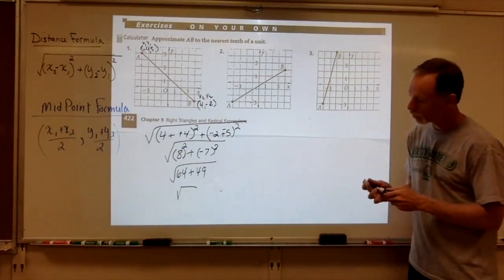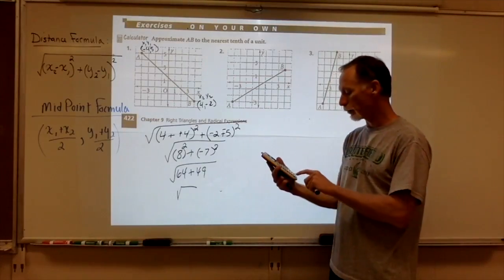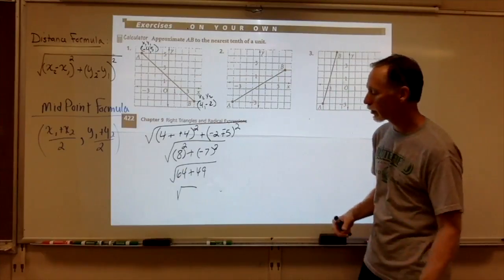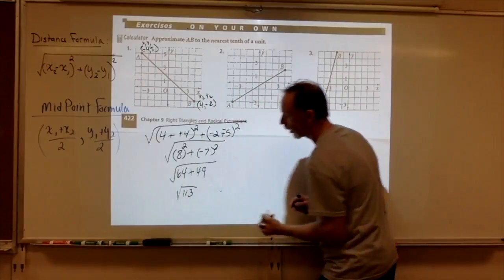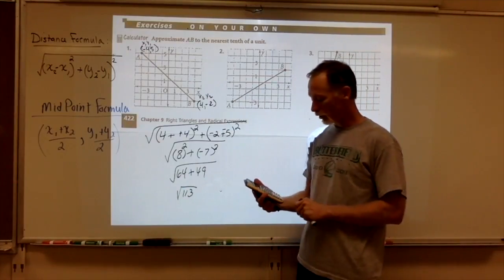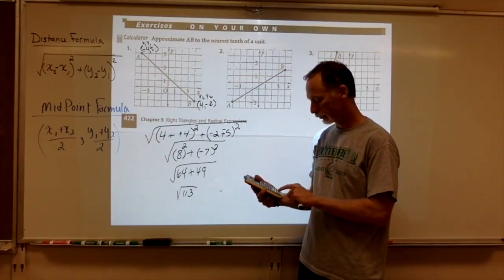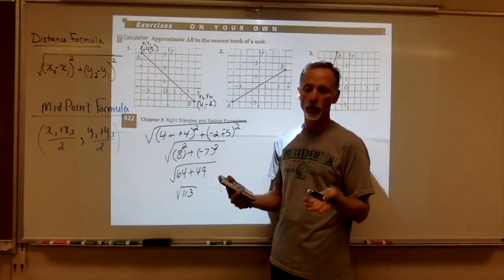I add those two together. So if I go 64 plus 49, I get 113. So that's the square root of 113, okay? If I do square root of 113 on my calculator and press enter, it still says the square root of 113.